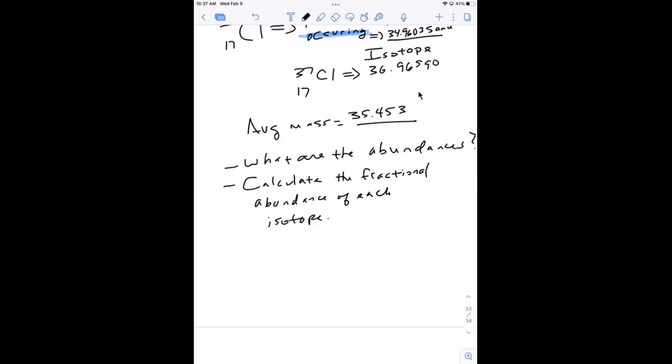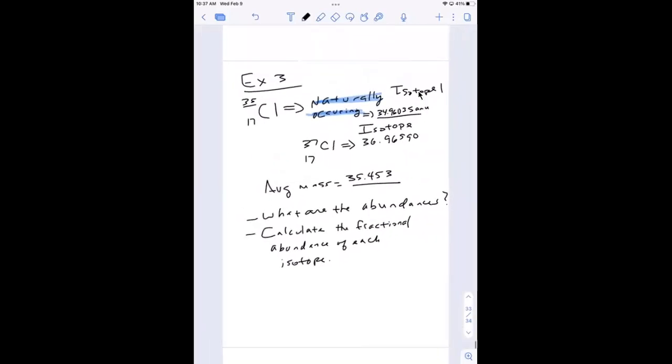Yes, they do. So the way we approach a problem like this is, if we know the average mass, then the isotope that's closest to that is going to have the higher abundance, and the isotope that's furthest away is going to have the lowest abundance.